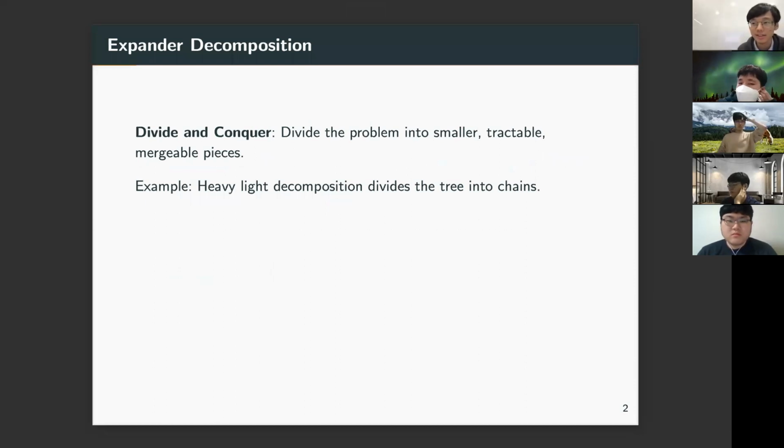Basically, when you think about divide and conquer, it is just dividing the problem into smaller, tractable, and mergeable pieces.